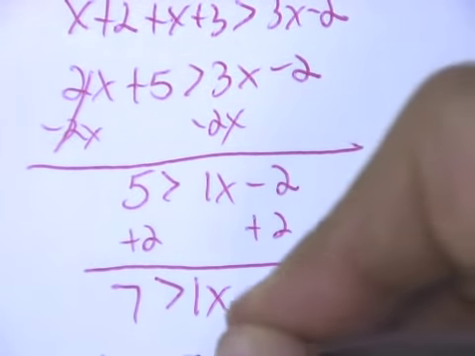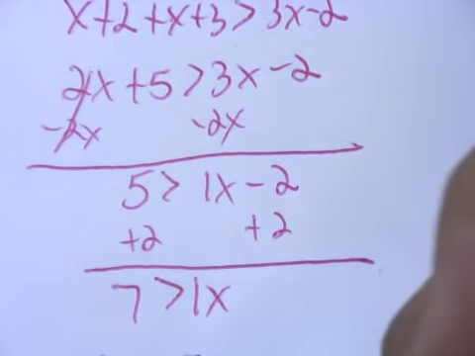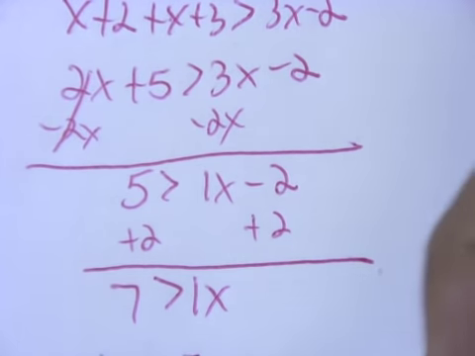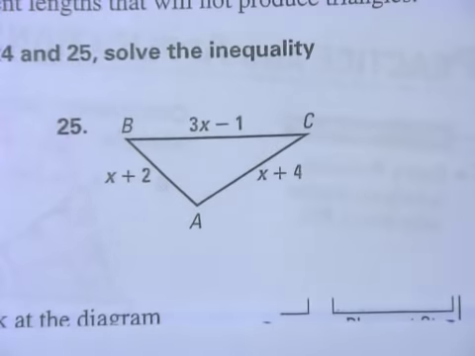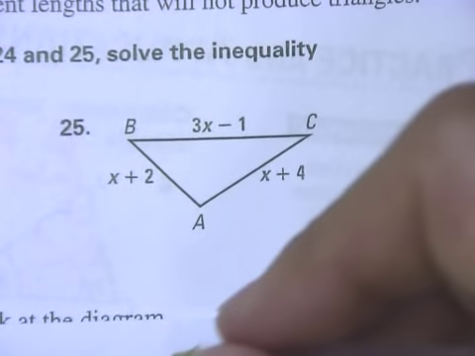And remember, it's always a good idea to have the variable first. So I'm going to put my 1x here, I'm going to put my 7 there, and I'm going to flip this, which basically means that 1x has to be less than 7. X has to be less than 7. So it could be 6, it could be 5, it could be 4, it could be all the way down to 0.